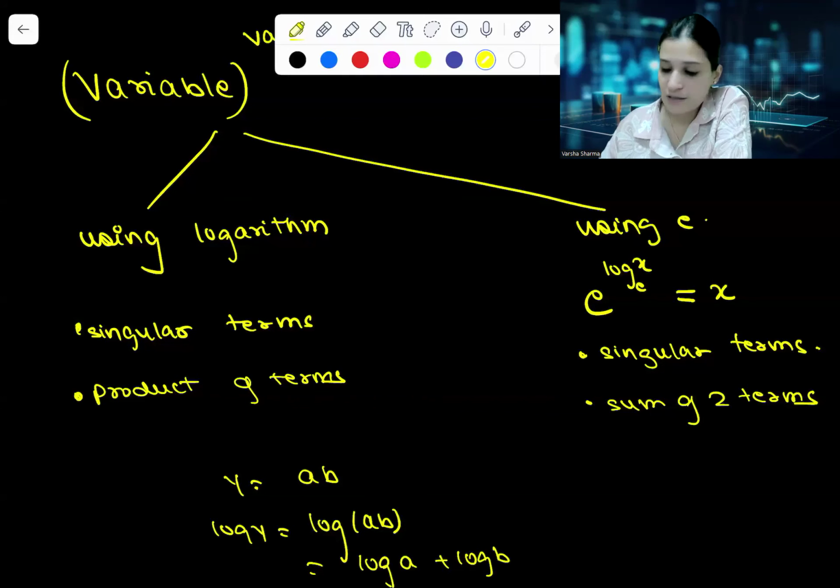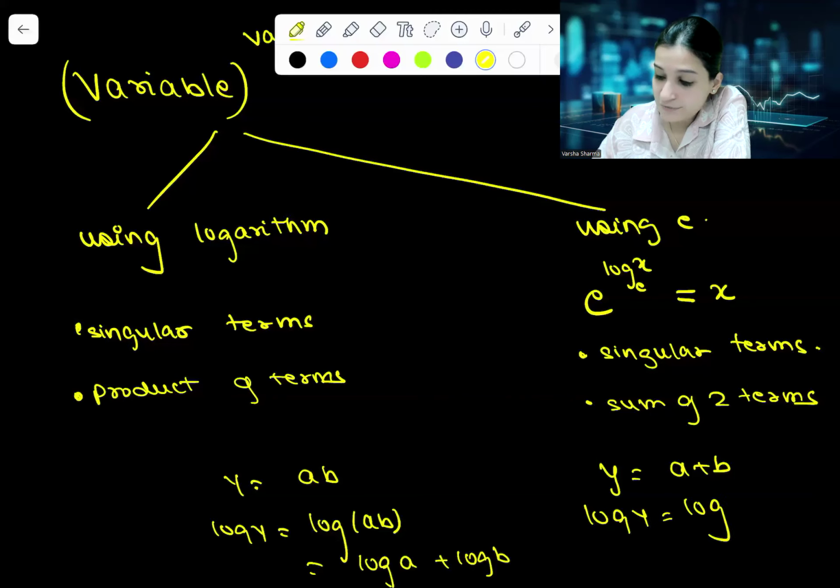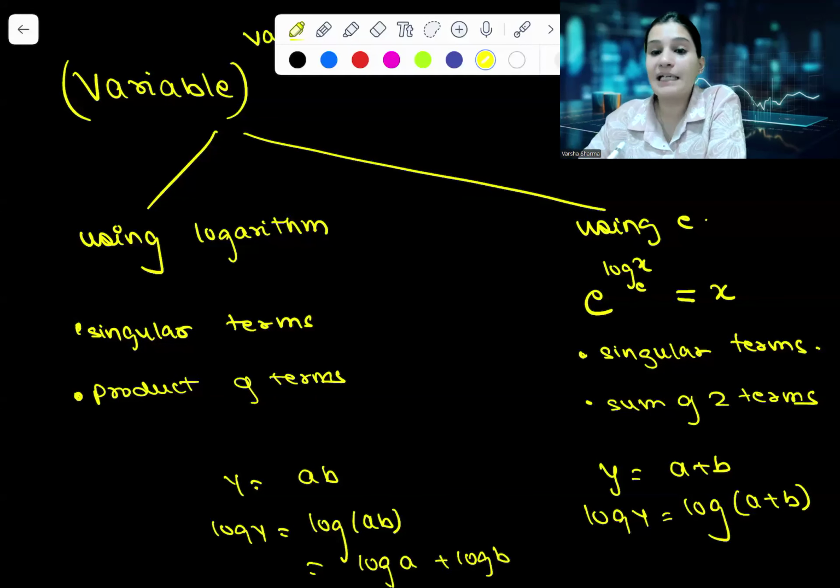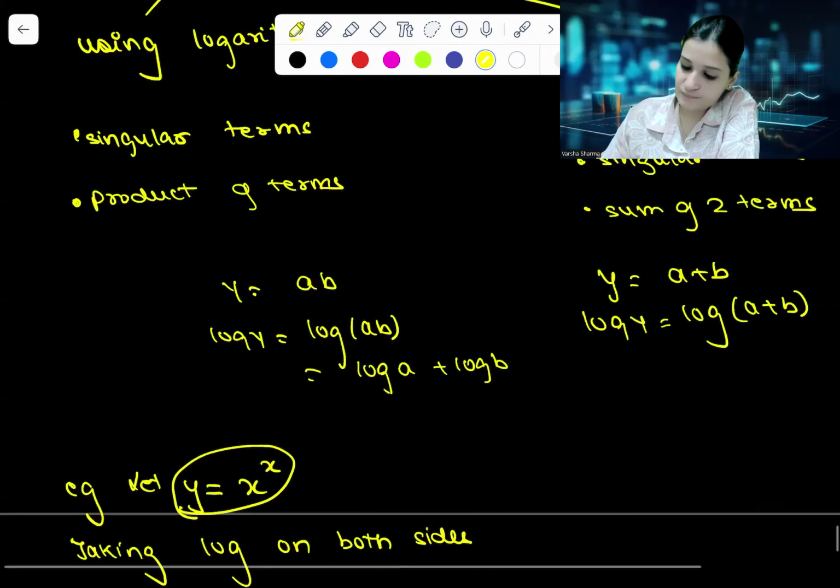There's a property. But if y is a plus b and I take log here, you can't apply it individually. This will be log of a plus b, which will make it even more complicated. So when there is a plus or minus sign between the terms, we will use e on individual terms. And if there is a product or division of terms, we'll use logarithm.